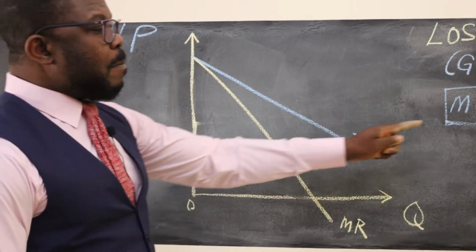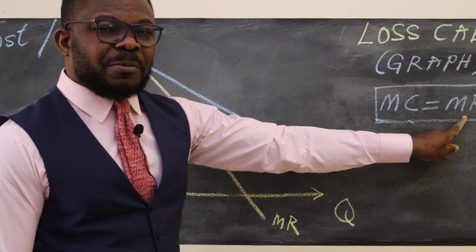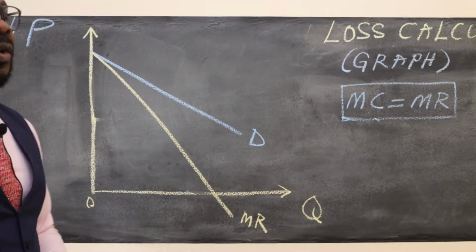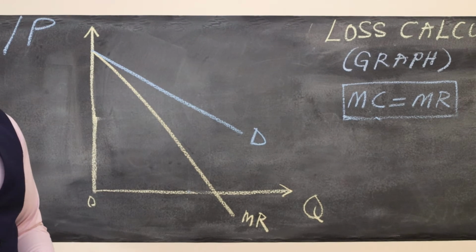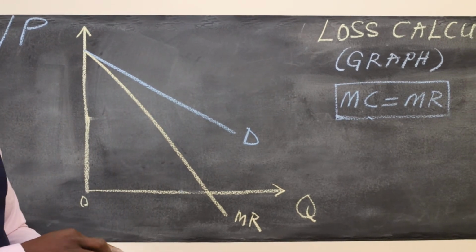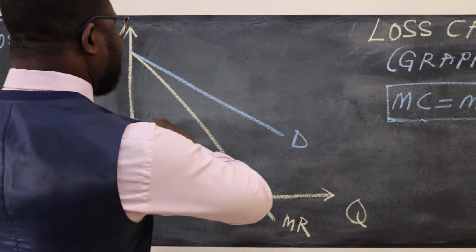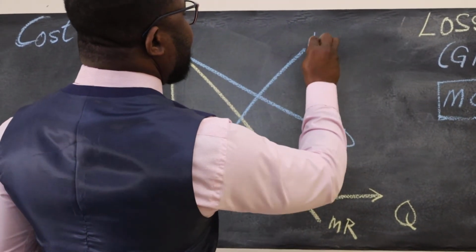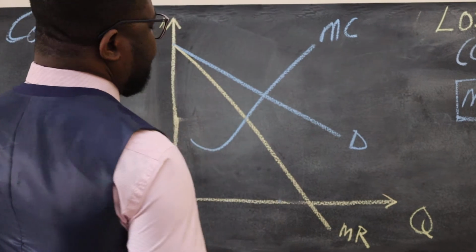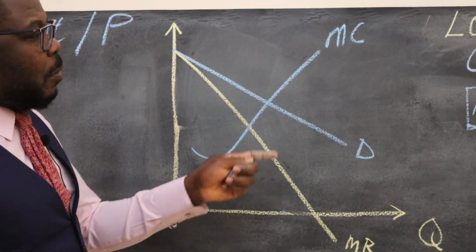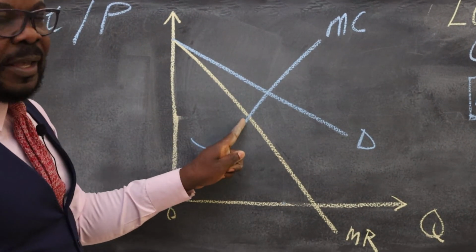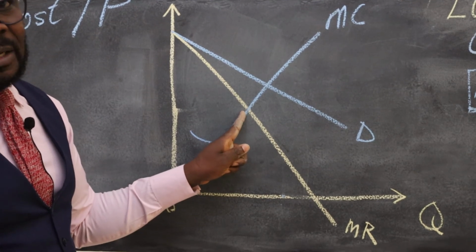And remember the rule, marginal cost equals marginal revenue. So for this firm, we have to look for the marginal cost curve and the marginal revenue. I'm going to draw the marginal cost curve line. Although our MC equals MR here, we cannot find the price at the same level.